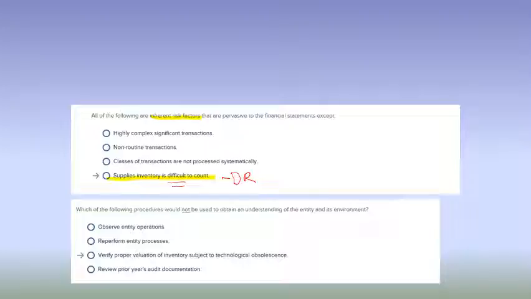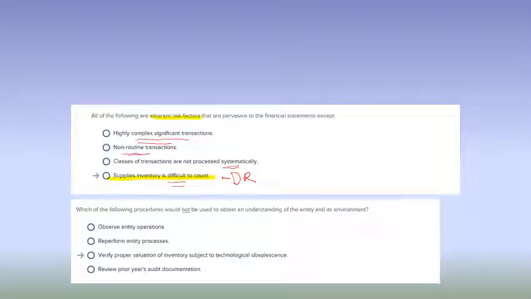They're not control risk factors. Non-routine transactions is almost the same as something being complex. Non-routine, we can't really get a pattern on those. Things not being processed systematically, again, inherent risk. If there is a random nature to how transactions are processed, that then again is something that's inherent to that particular transaction, that particular account balance.